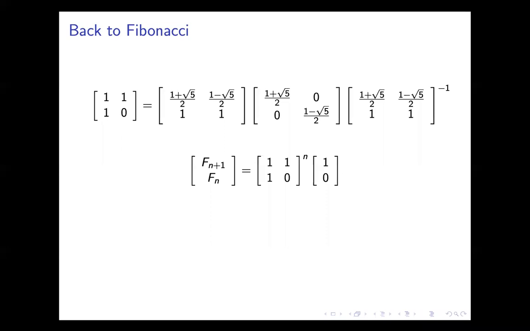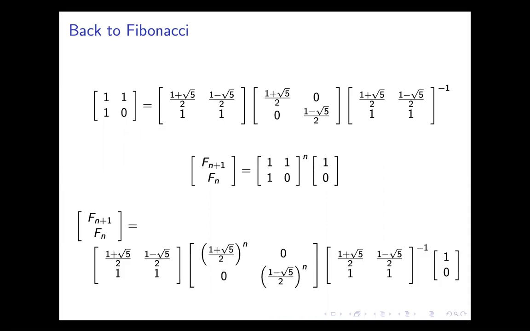Now this is the case for one iteration, one step in the discrete evolution process. Let's do it for the nth power. To find what happens after n iterations, we take the nth power of the matrix in diagonal form. It's easy to calculate the nth power of a diagonal matrix simply by calculating the nth power of its diagonal elements.